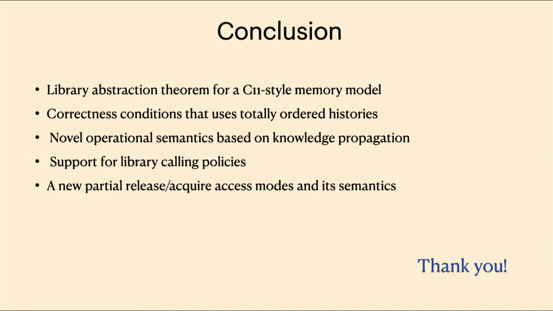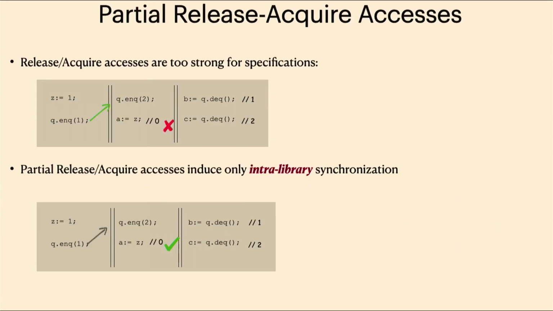Very interesting talk. What kind of relaxed library specification do you support? I can see you have a release acquire annotation over these operations. Is that all you have? For example, in this case, we came up with a concurrent queue data structure where we specify using partial release and partial acquire instead of release acquire.